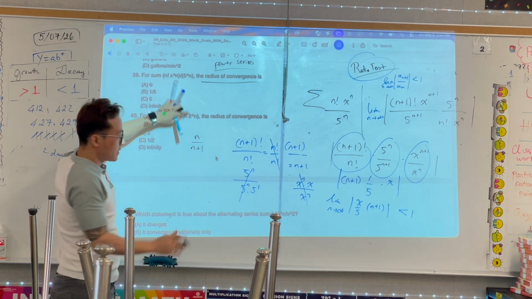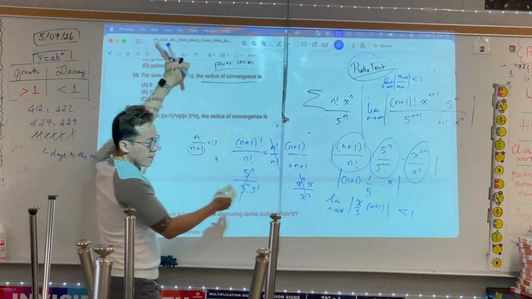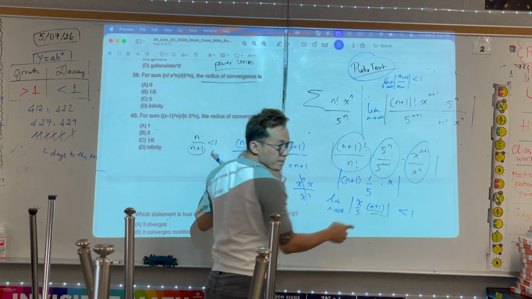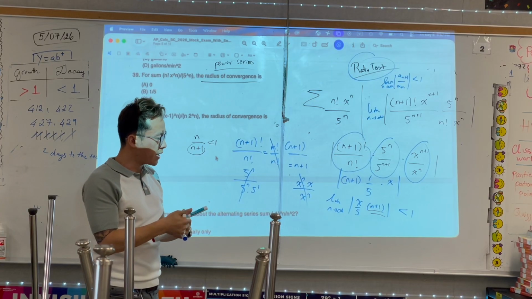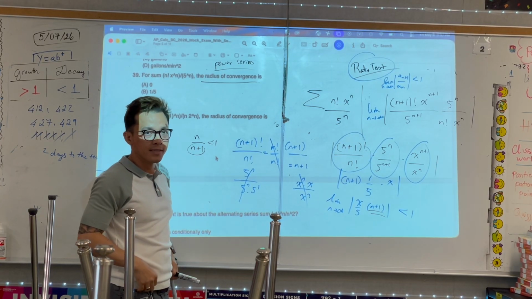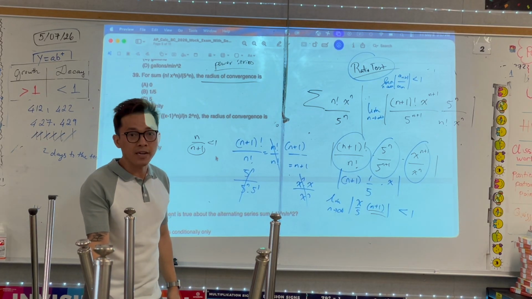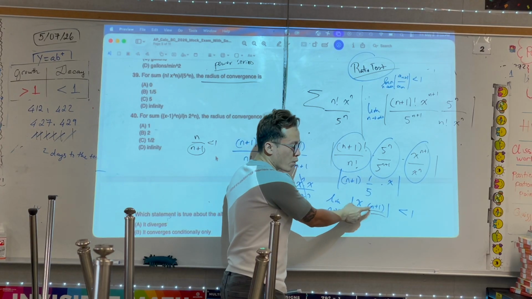There's something here divided by something bigger, so they're always less than 1. But look at this guy. When n goes to infinity, what happens to the n plus 1? It goes to infinity, right? So no matter what number x is, this guy will go to infinity.